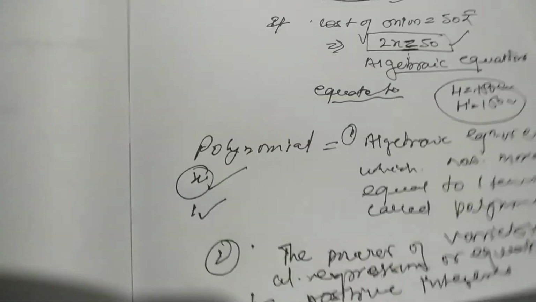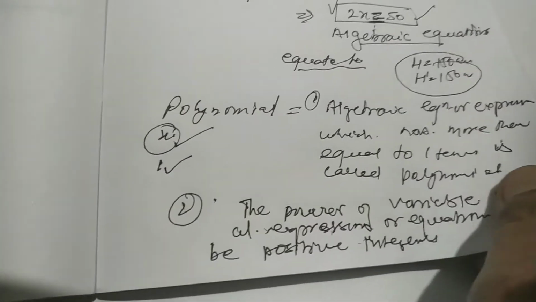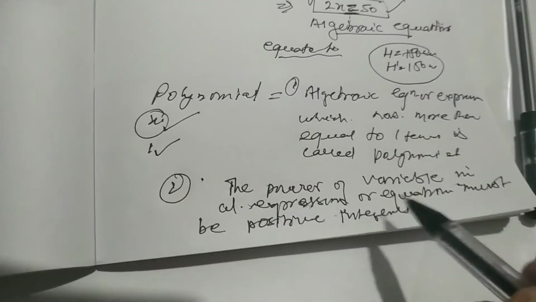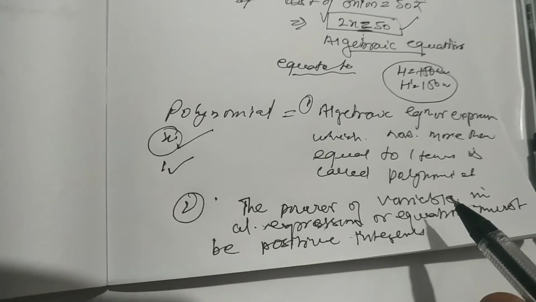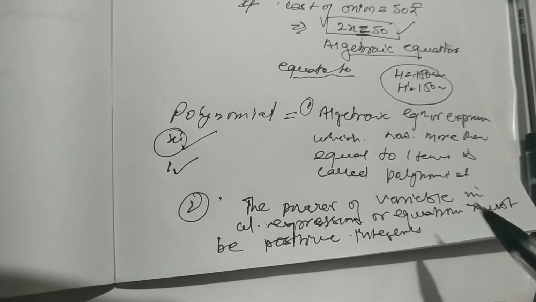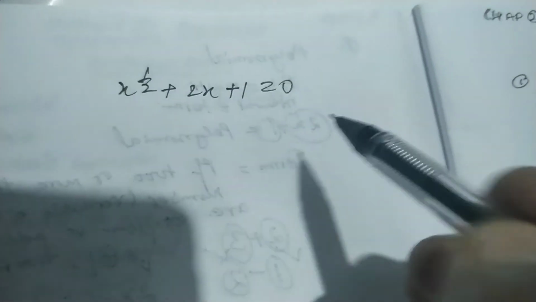And the second condition is that the power of the variable in this expression or equation must be a positive integer. For example, if I write x to the power 1 by 2 plus 2x plus 1 is equal to 0, this is not a polynomial. Why?